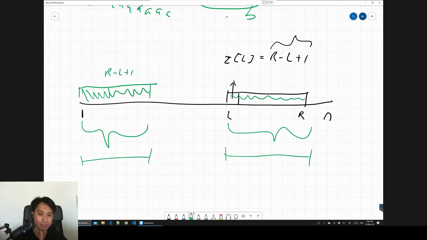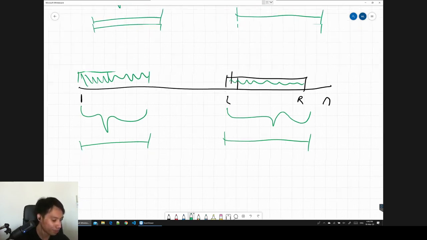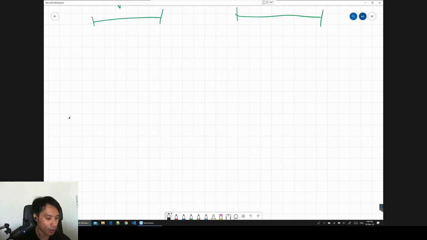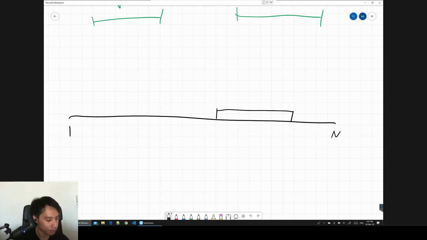Okay, so far? Nice. So, if you understand what is a Z box, I need to draw it again. Okay, let's draw a Z box here. This will be L, this will be R, which corresponds to L. Okay, let's assume I'm going to fill in my value over L.